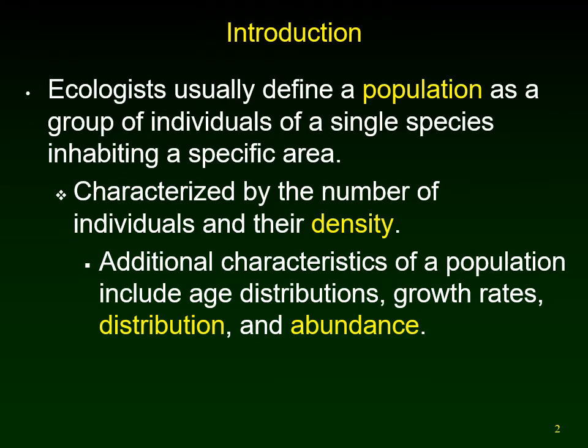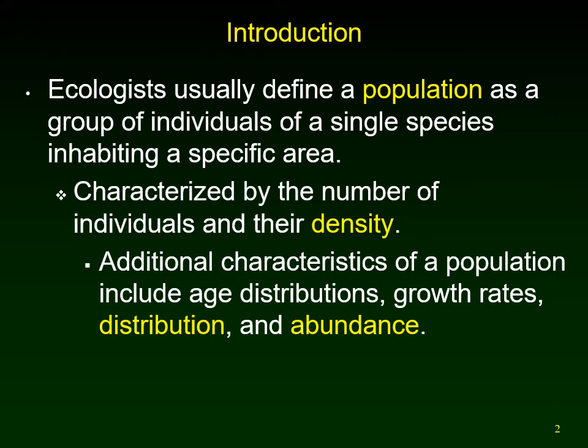So we're going to be focusing today on the distribution of population, which is the size, the shape, the location of the area that species population is in. And the scale of this is going to depend very much on the kind of species you're talking about. Sometimes we talk about the density.